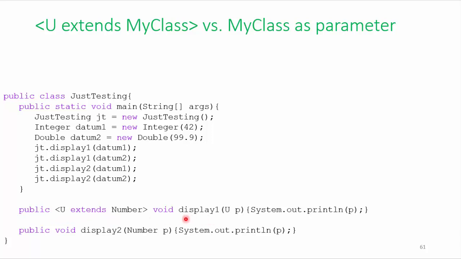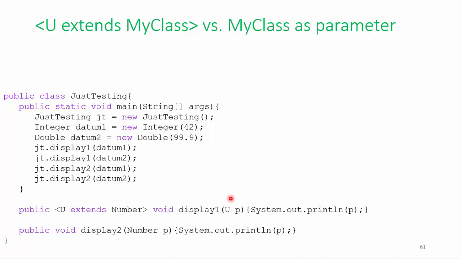So I write also a method display1. It also returns void. It's also public. But instead of having a parameter of type Number, it has a parameter of parameter type U. And the parameter type U is defined here as U extends Number.